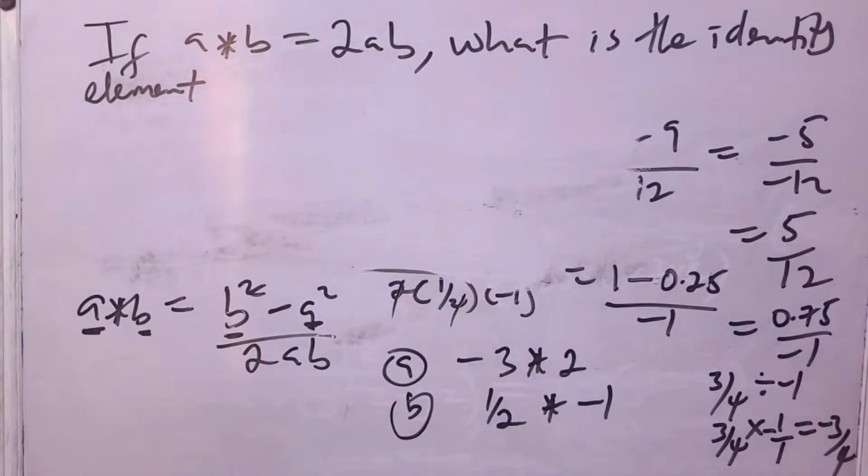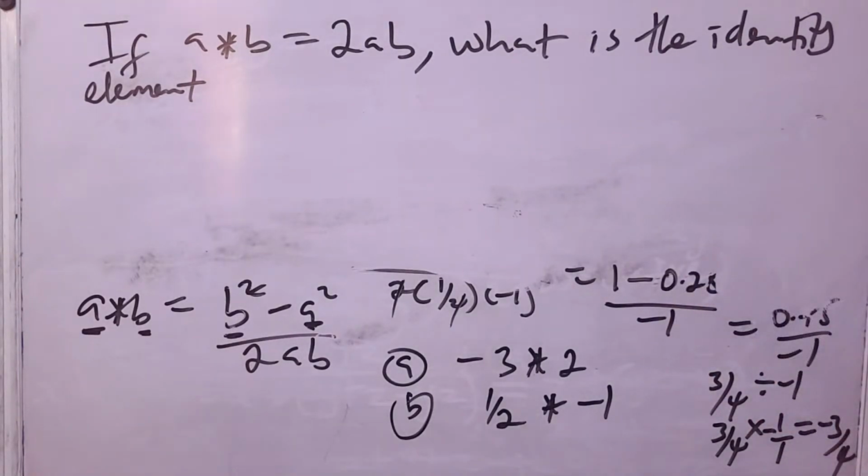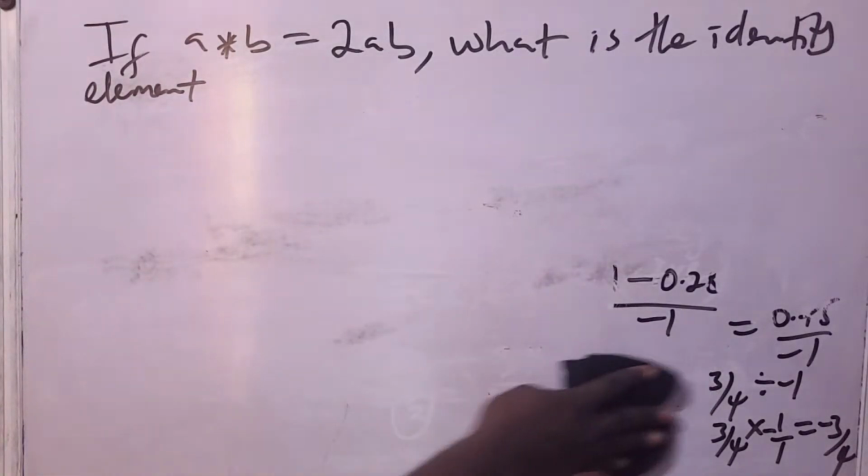So can you solve that quickly? Let me give you probably just 2 minutes. What is the identity element? We have a star b being equal to 2ab.